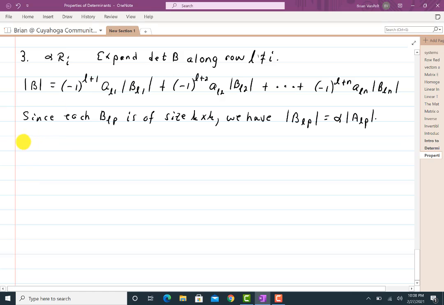And so when we run the equation again, I'll get an alpha inside of there.